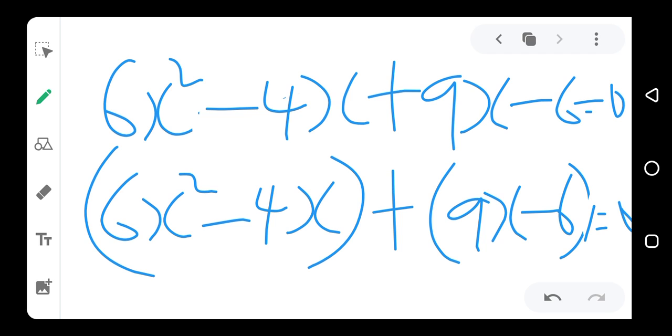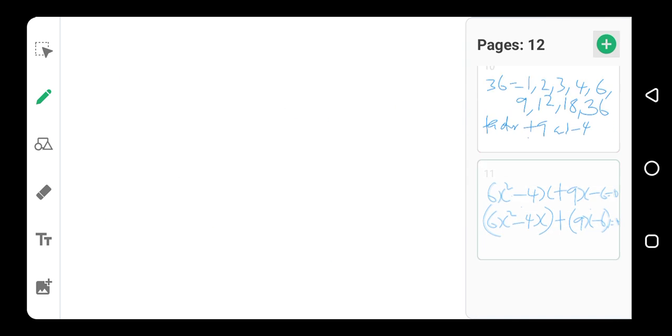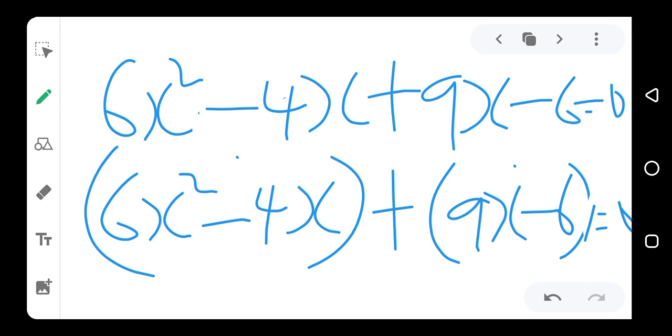Okay, so we now factor the two brackets. We find the common factors in bracket 1 and bracket 2, or group 1 and group 2. In 6x squared minus 4x, is there anything common between two of them? We look for it and bring it outside the bracket. 2 can divide 4 and can divide 6.